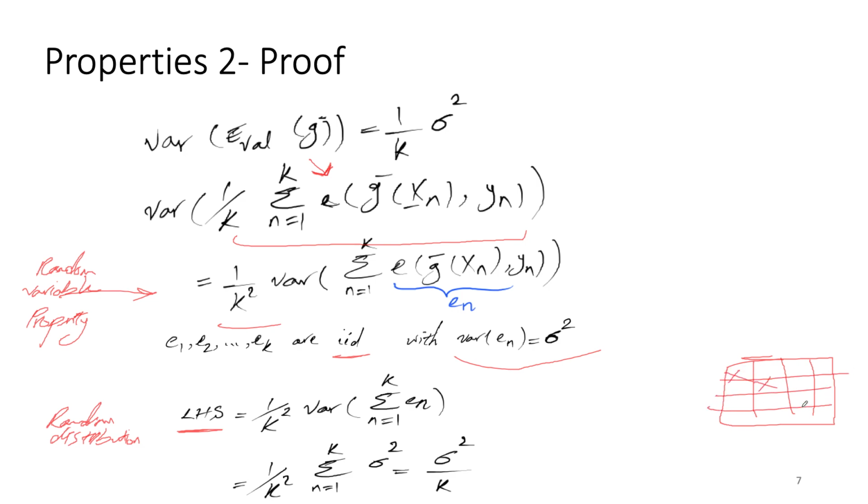So 4 would become something like this, right? You make sure each row and each column has complete random occurrence here, and you keep track of them. All right. So LHS is having the 1/k squared variance of the sum from 1 up to k of e_n, and this becomes sigma squared over k, right? So that's the proof for our second property for the validation set.